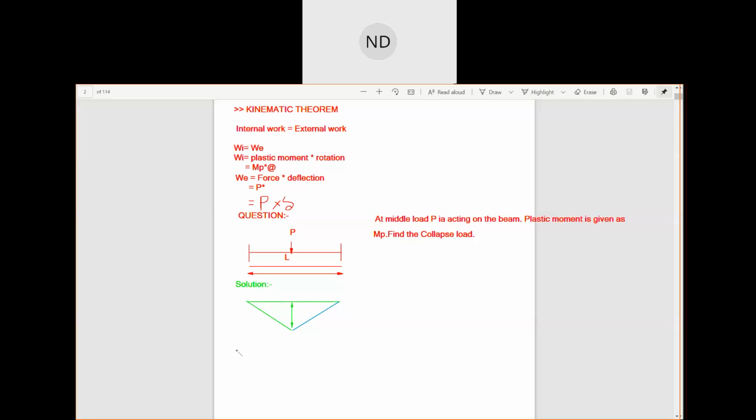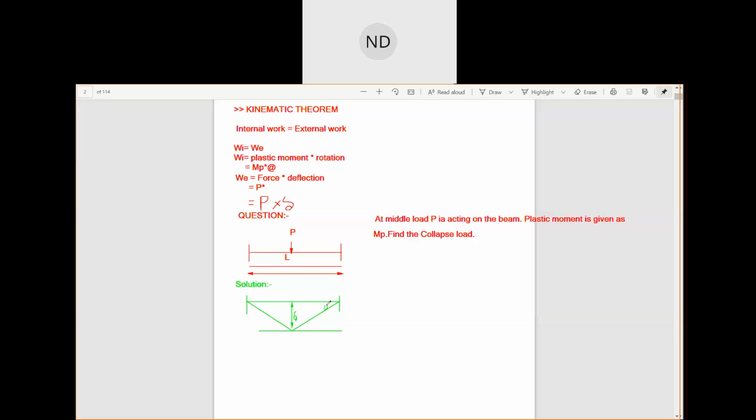Here you will have theta. These are fixed on both sides of the beam, so here again you are going to have these thetas. This is your deflection delta.